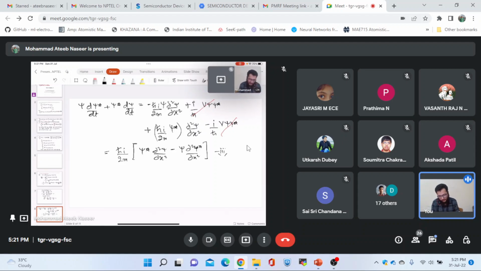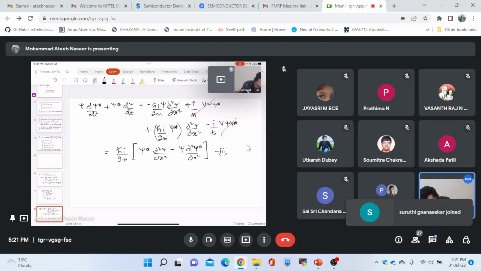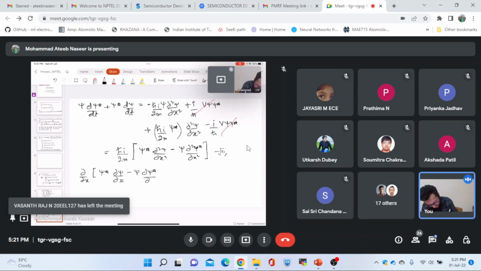Now let us do some manipulation with this equation itself. We know that if we write d/dx of ψ* dψ/dx minus ψ dψ*/dx, what do we get?